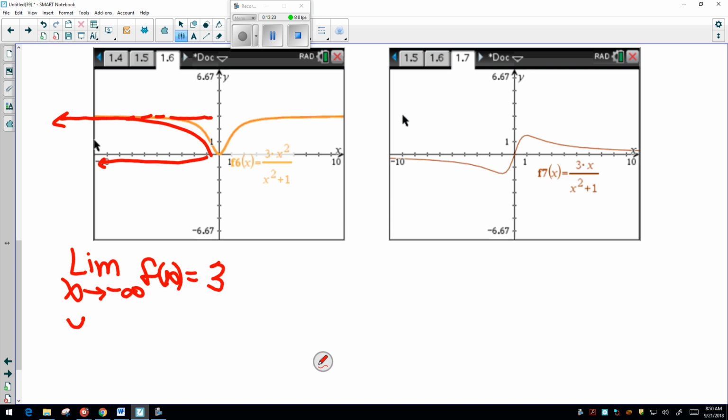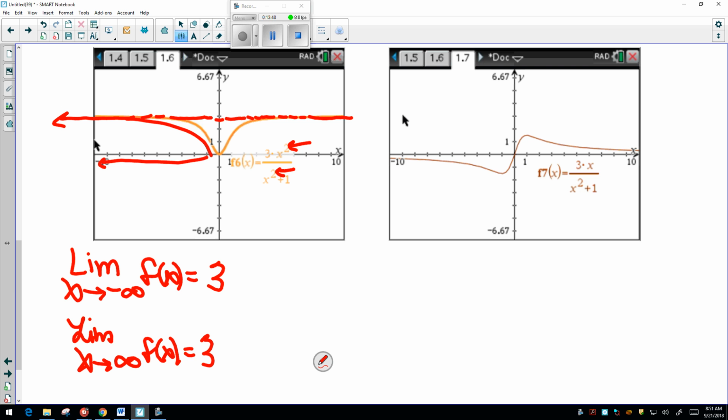And now the same thing as I get to the positive side. As x approaches positive infinity, again, read the x, report the y. Again, I can see that function's trying to get to 3. Now, hopefully, we're making that connection with asymptotes and seeing that, well, if I look at the exponents, numerator exponent, denominator exponent, they are equal.